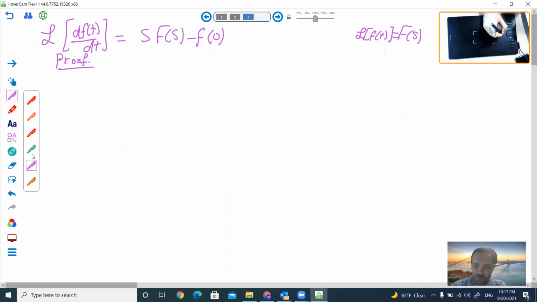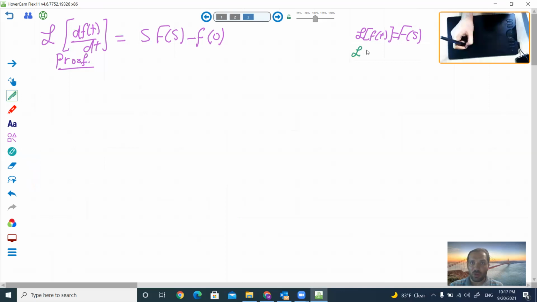Let's change the color. So now let's apply the definition of the Laplace transform. Don't forget, the Laplace transform of any function in time domain will equal the integration from 0 to infinity of e to the power negative st times f of t dt.